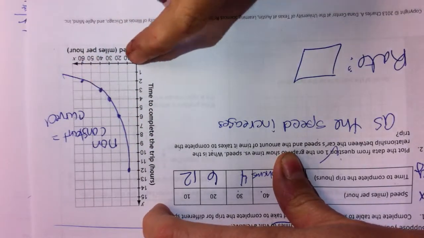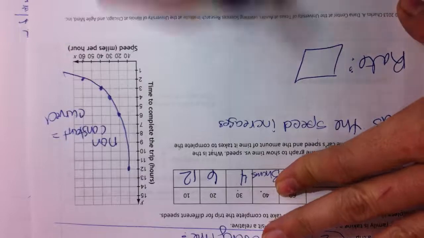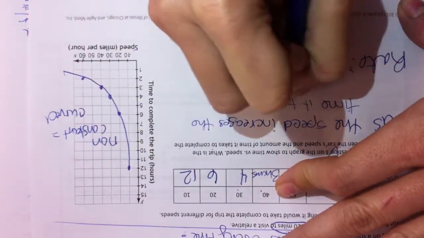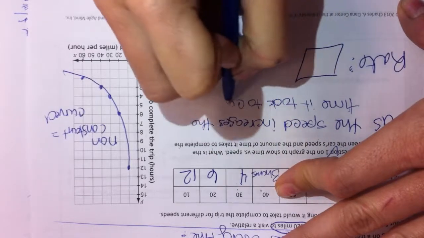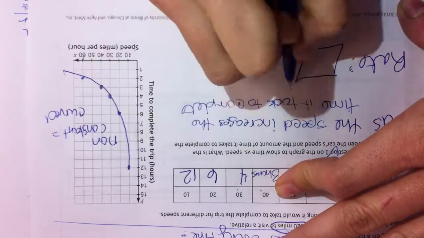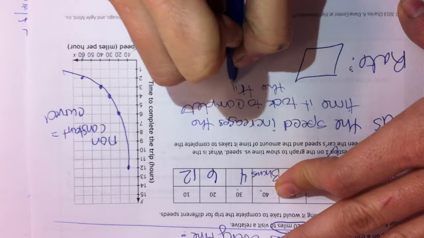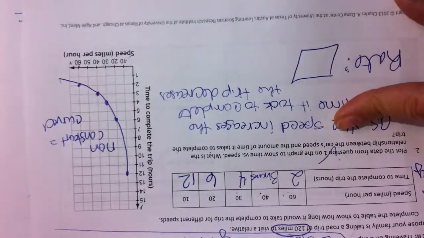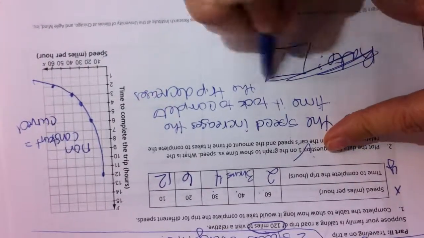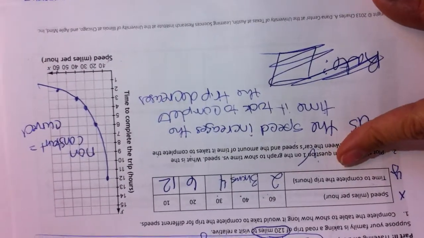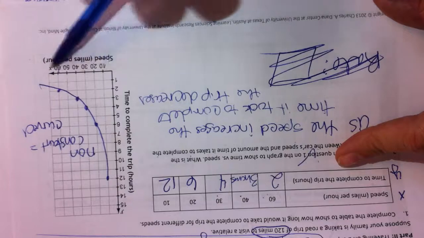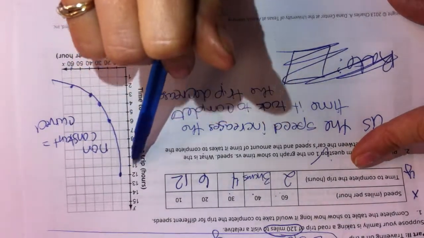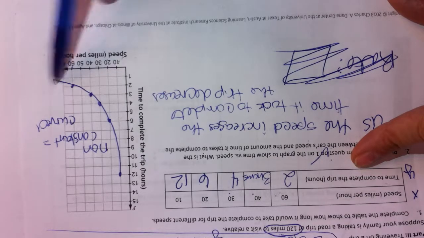So as my speed increases, the time it took to complete the trip decreases. All right, we don't have to find the rate. That was a mistake on my part. All right, so as the speed gets bigger, the time it takes comes down.